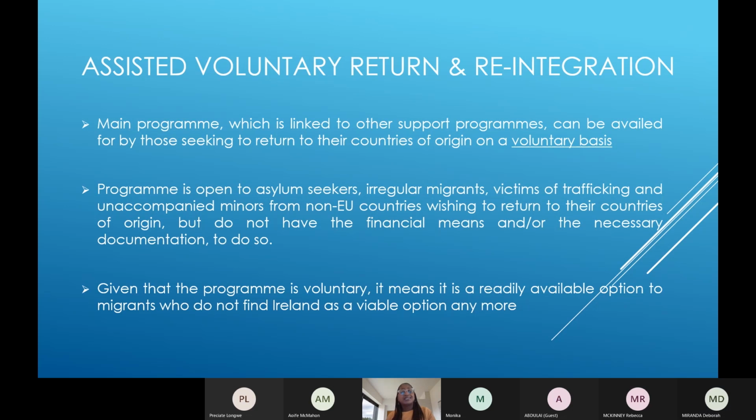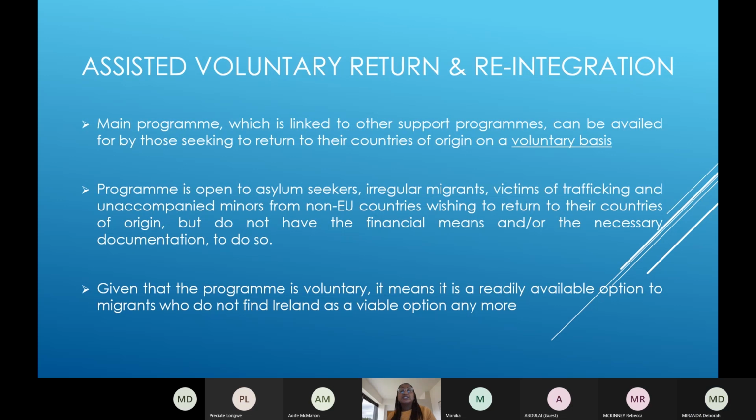This program can be availed of by those seeking to return to their countries of origin on a voluntary basis. The program is open to asylum seekers or international protection applicants, irregular migrants, victims of trafficking, and unaccompanied minors from non-EU countries wishing to return to their countries of origin, but who do not have the financial means and/or necessary documentation to do so.